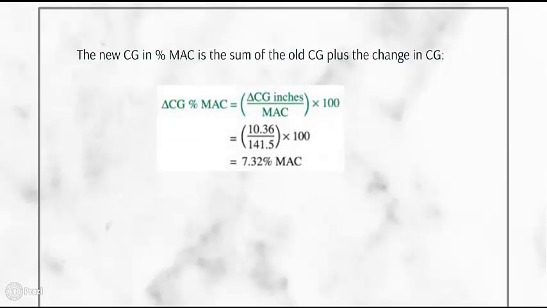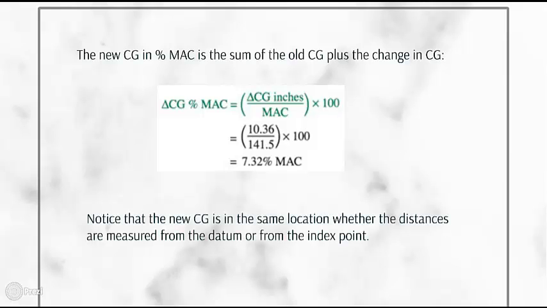Change in CG percent MAC equals change in CG inches divided by MAC times 100. This will be 10.36 divided by 141.5 times 100. The answer will be 7.32% MAC. Notice that the new CG is in the same location whether the distances are measured from the datum or from the index point.